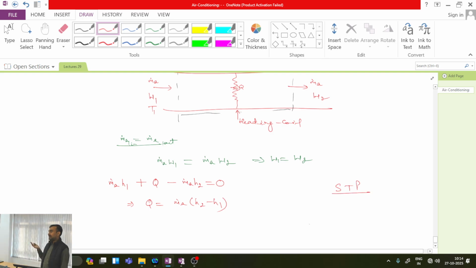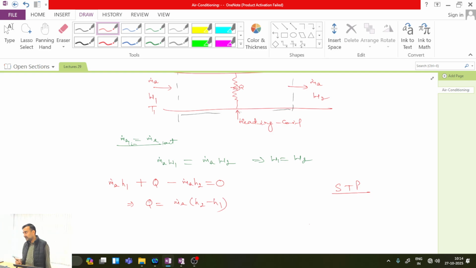Of course, the instrument may have to be operated at a temperature of 90 degrees Celsius, but at 90 degrees Celsius the density of air will be different than at 25 degrees Celsius. So ultimately the volumetric capacity of the device will change with the change in thermodynamic state. Is this one clear? Because the density of the moist air we are handling is a strong function of temperature, pressure, and even the relative humidity.